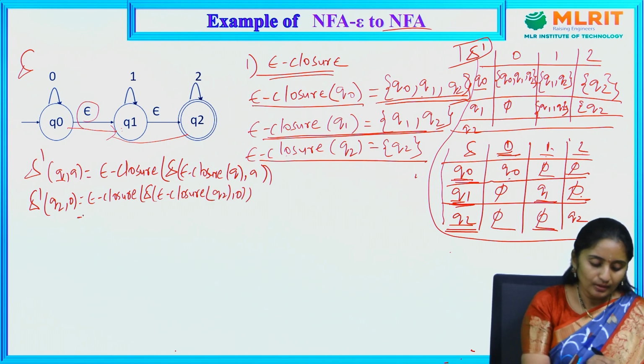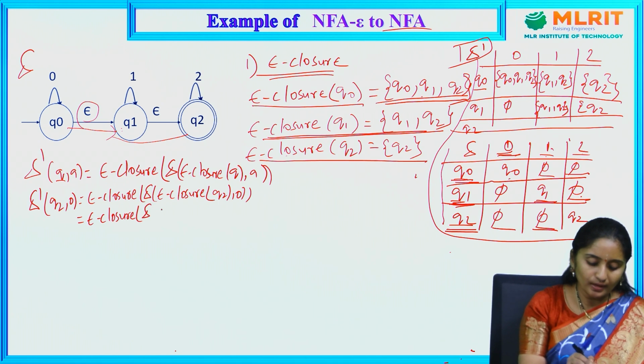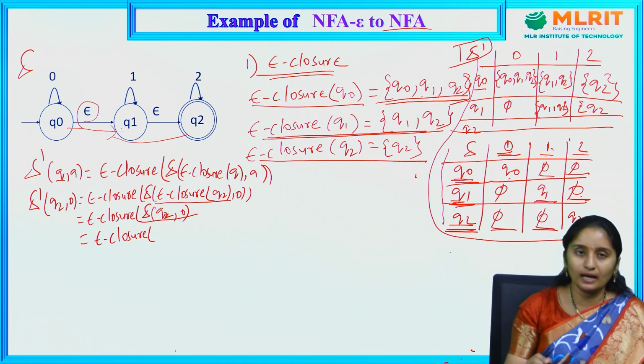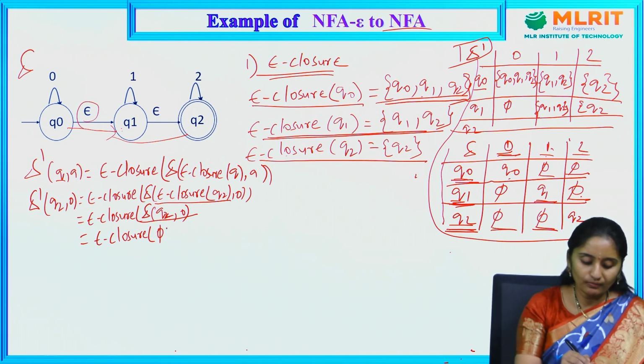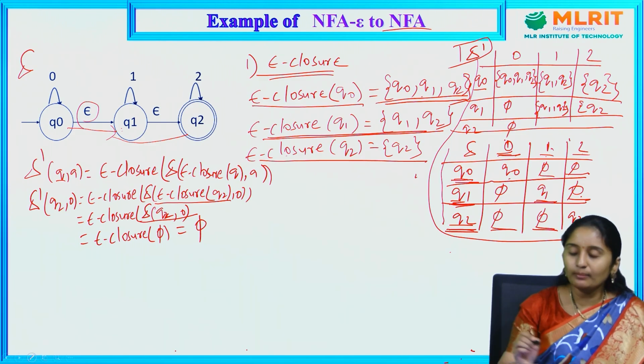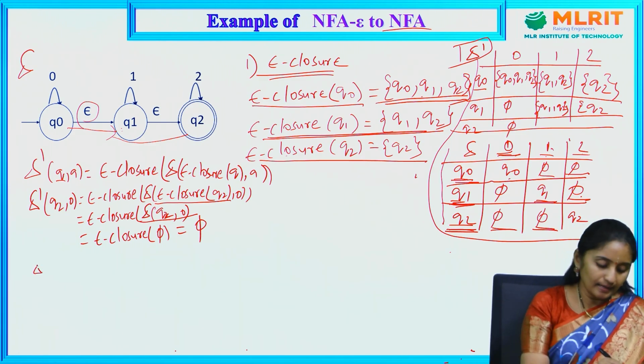So epsilon closure of Q2 is Q2 comma 0. Delta of Q2 on 0, what I have? Pi. So epsilon closure of pi is nothing but pi. Q2 on 0, what it is giving? Pi.